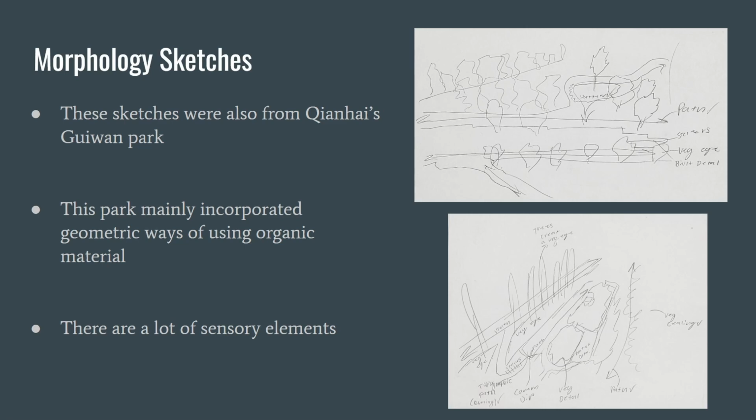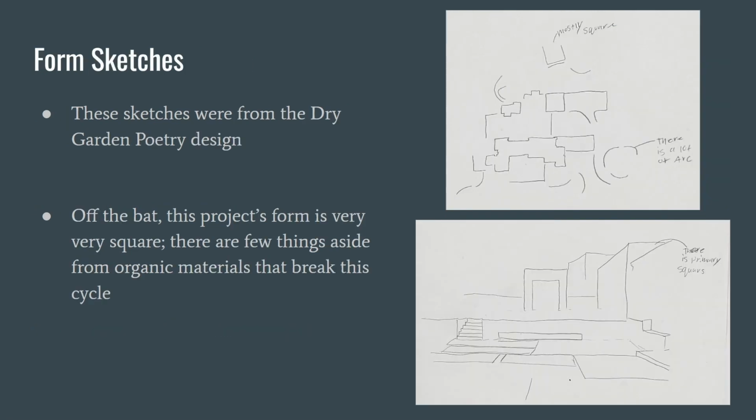Also, there are a lot of sensory elements. Now on the bottom one, you can see how I said that there were water elements, vegetation elements, the pathway, built detail, topography, and a lot of sensory stuff going on in these environments for this park.